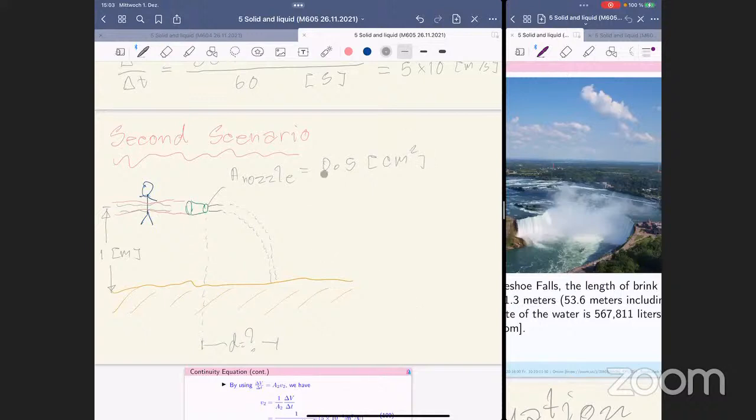The standard international unit, right? It is equal to 0.5 times 10 raised to negative 4 square meter, right? Yeah, that's the area of the nozzle in square meter, right?